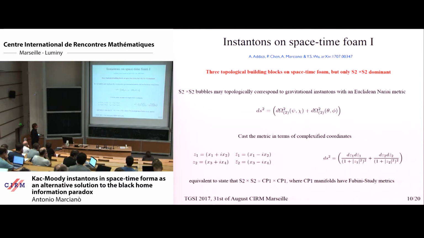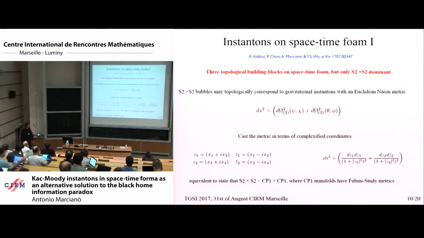Okay, so now let me come back to instantons again, and let's talk about instantons on spacetime foam. Now we have these three topological building blocks that we were considering before, but as Hawking, Page, and Pope tell us, of these three topological building blocks in which we decompose the spacetime foam, only the SU(2) cross SU(2) contribution, which are the black hole, anti-black hole, or black hole, white hole virtual pair, is the dominant one.